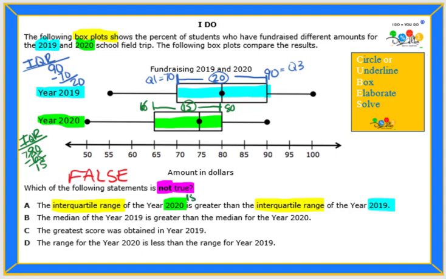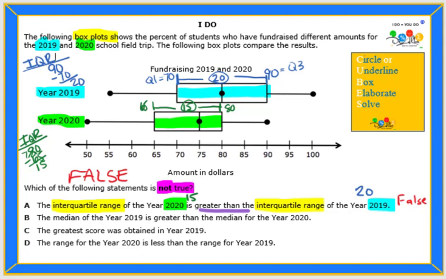I had 15 and 20. So let's look at the comparison. It says the interquartile range of 2020, 15, is greater than 20. Is that true? No, that is not true. That is false. So we may have our answer, but we're going to check the other ones just to make sure we didn't make a mistake. I always want to check my answers.